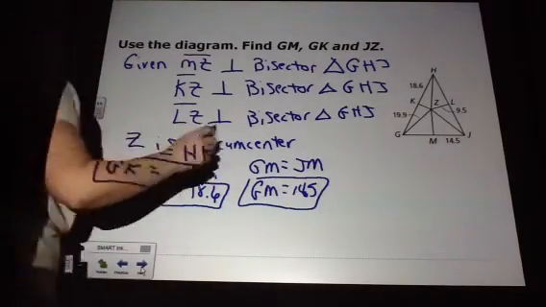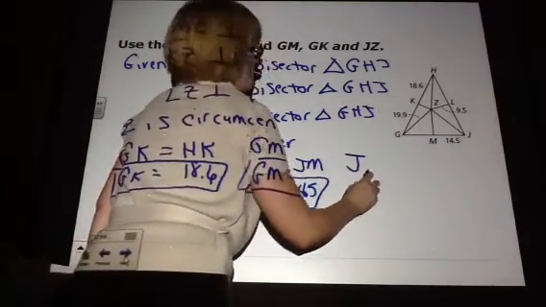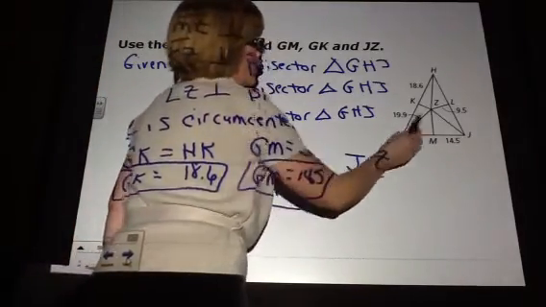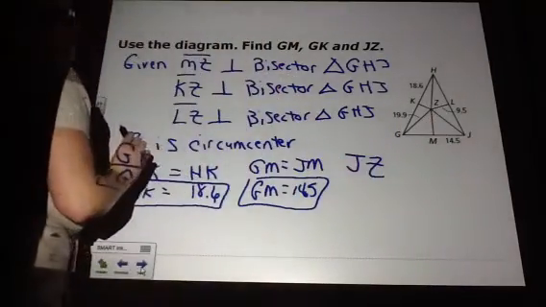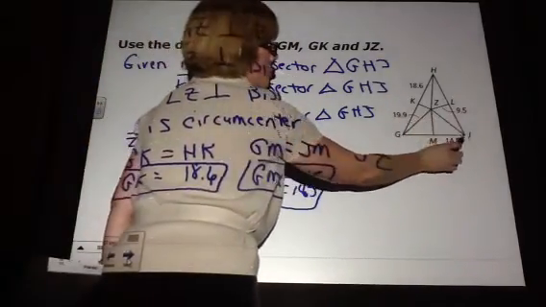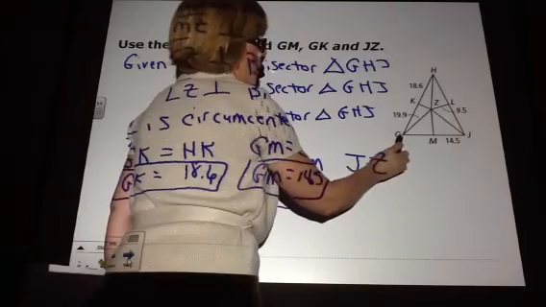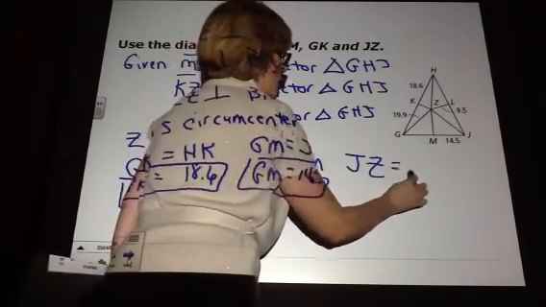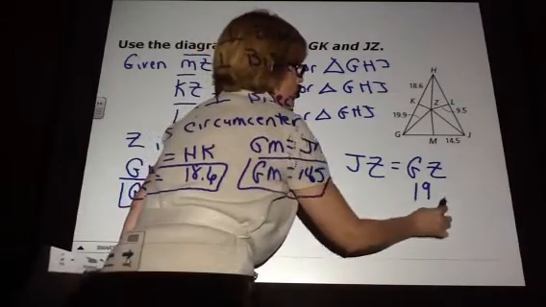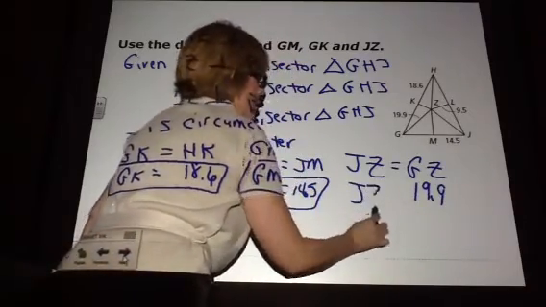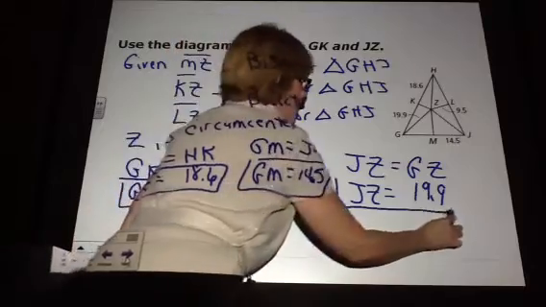And then JZ, well, that's from your circumcenter to your vertex, so that has to be equal to GZ. And GZ is 19.9, therefore JZ is 19.9.